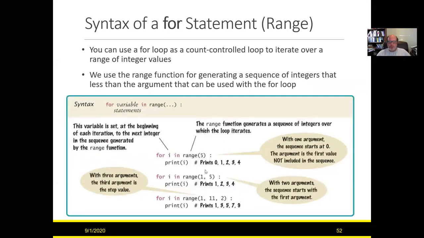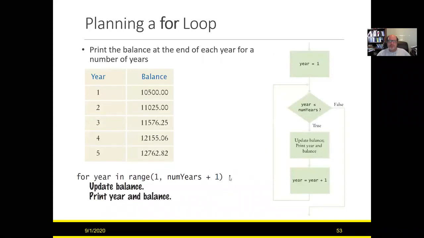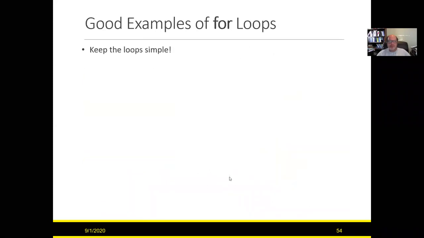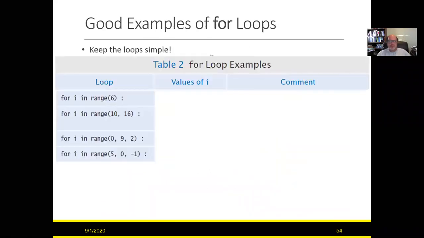So if I have 5, it's going to start with that. 1 through 5 is actually 1 through 4, and this step. So you should practice on this. It's a little different than what you're used to, but it's very, very useful, very friendly.